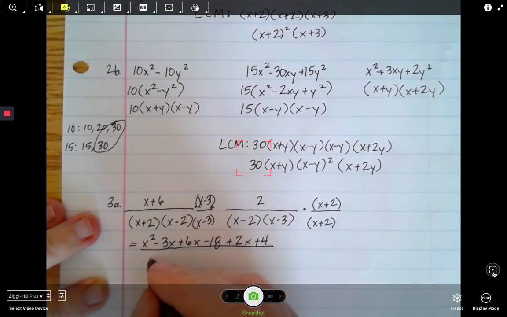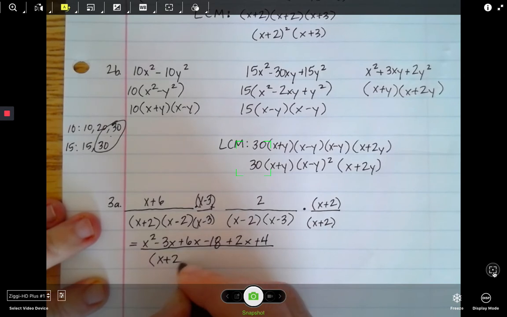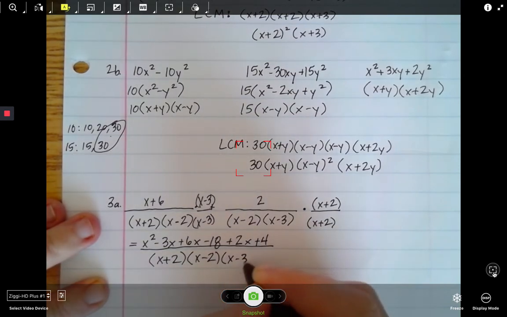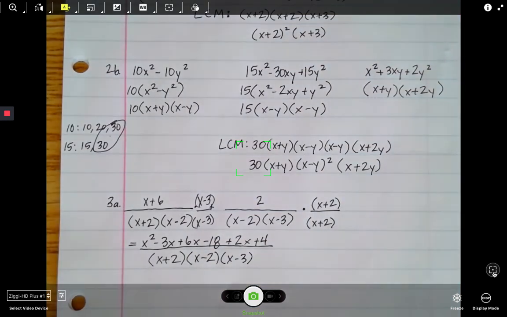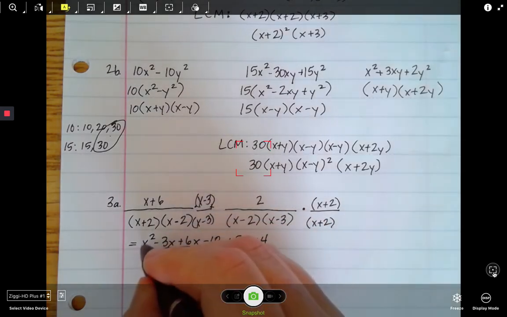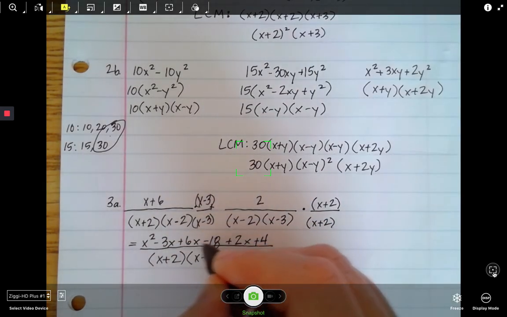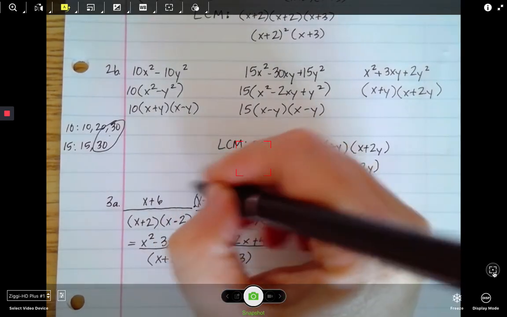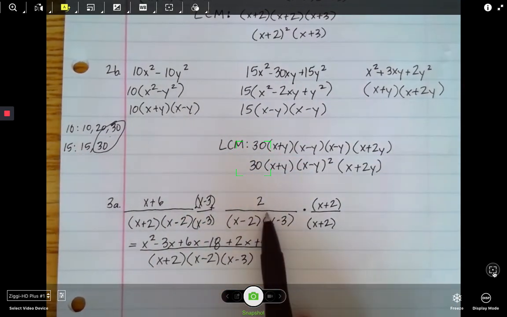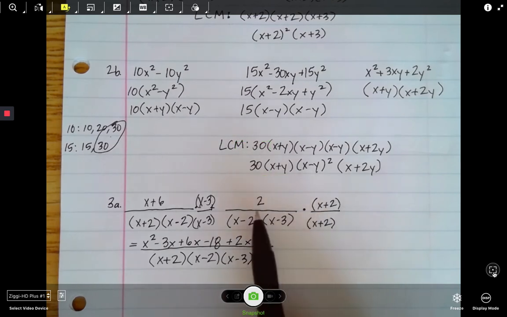I leave my denominator in factored form. I'm not worried about simplifying it just yet, okay? X squared minus 3x plus 6x minus 18 came from FOILing right here. The 2x plus 4 came from distributing the 2 right there, okay?